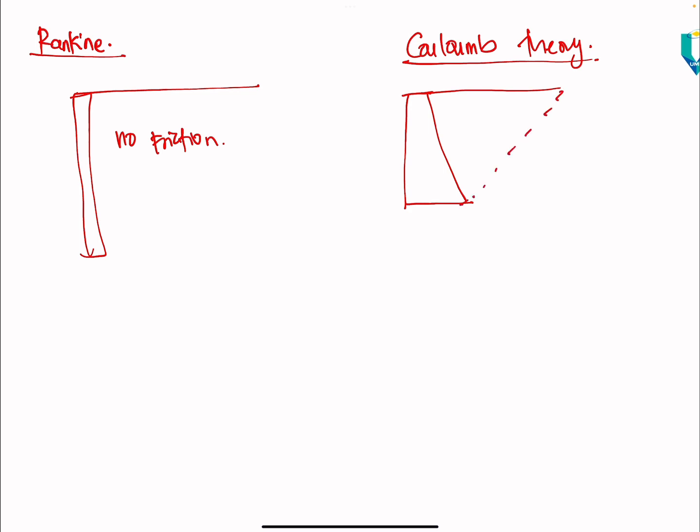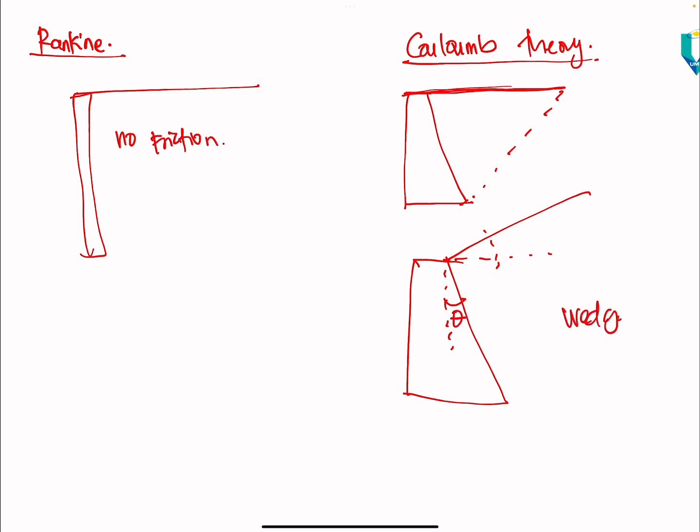Either it has no slope or it can be with a slope. Ada slope di sini, so you will see what those are. In fact, why I draw it like this, because the retaining wall is also in the wedge shape, right? Dan ada sudut dia juga. However, if there is no theta here, you assume it should be 0. But as long as there is an angle here, then you will count it as theta.